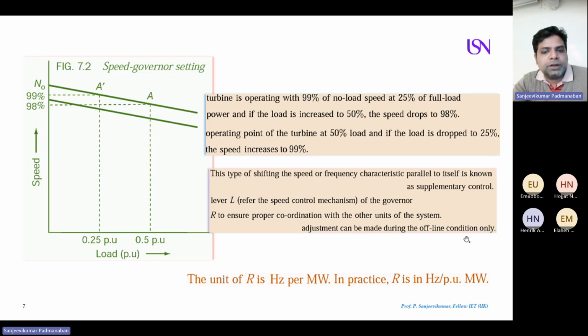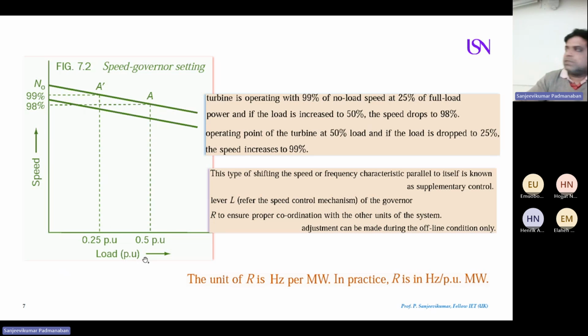Either in online monitoring or offline monitoring, we calculate R in order to maintain your frequency regulation. So usually, what is the unit for R? The unit for R is hertz per megawatt. In practice, we also use hertz per unit, because we want all the megawatts to be represented in per unit scales.